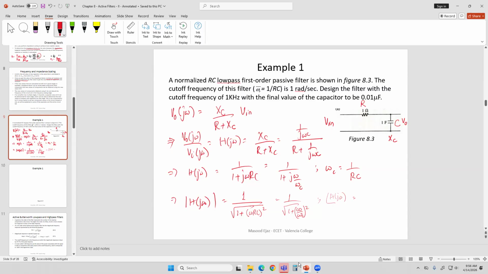Yes, the phase of the top one minus the phase of the denominator, right? So apply that to this and tell me now what will be the phase.